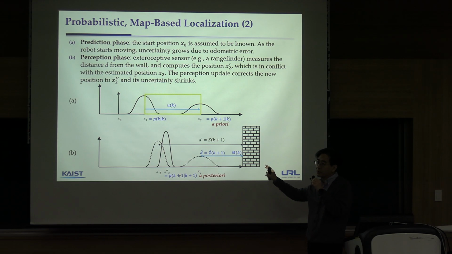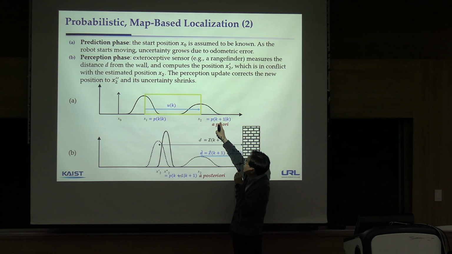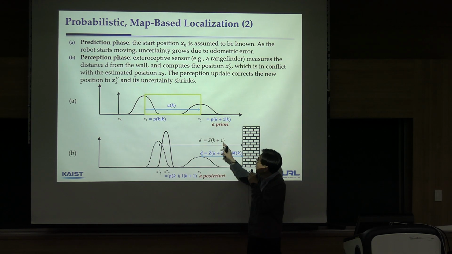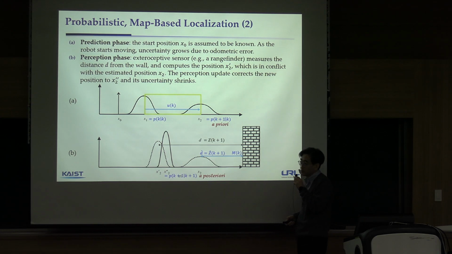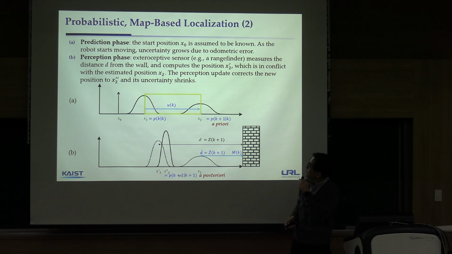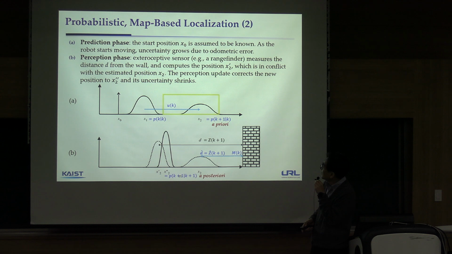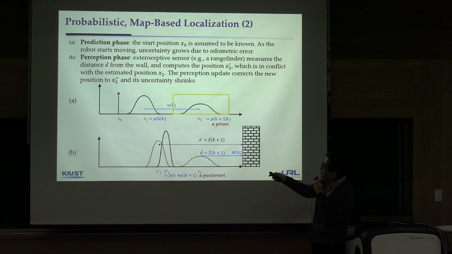We did not incorporate the observation, but we still can estimate somehow the position of this robot at time k plus 1. This is called a priori information. So you can see that the covariance of this position will be dispersed. More covariance, as you can see. Covariance will be growing if the robot moves like this.